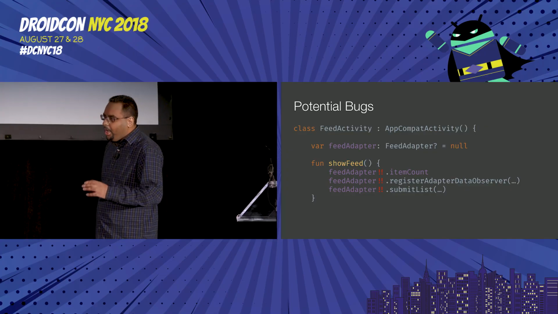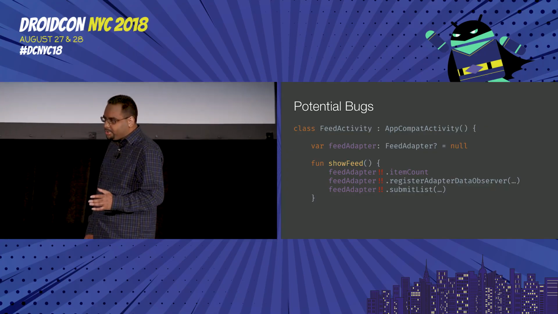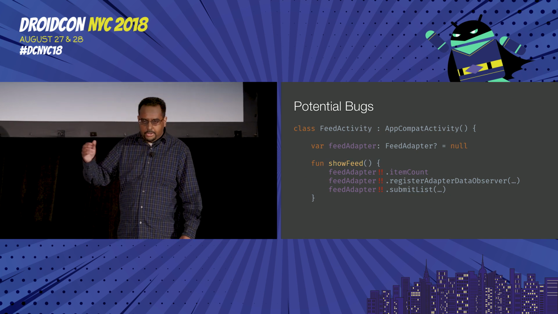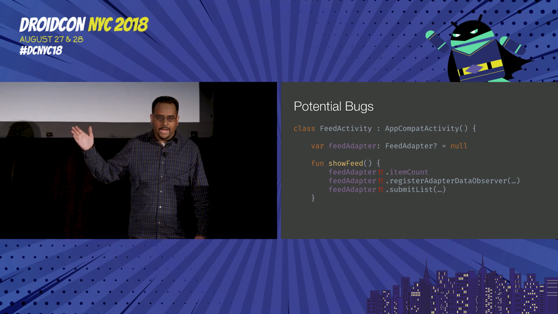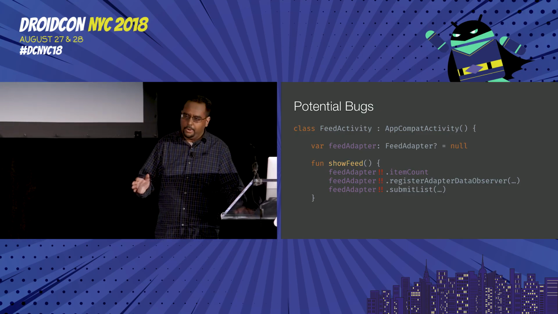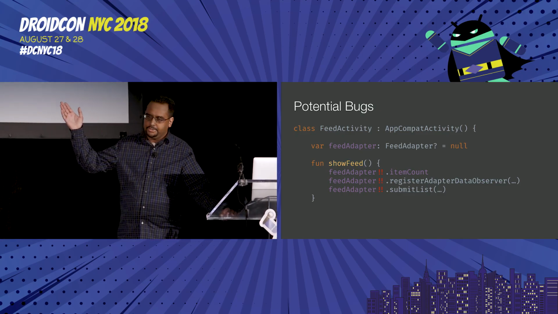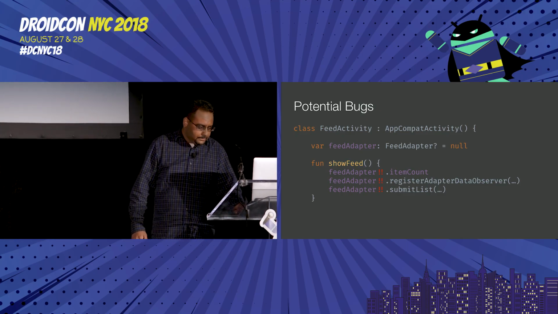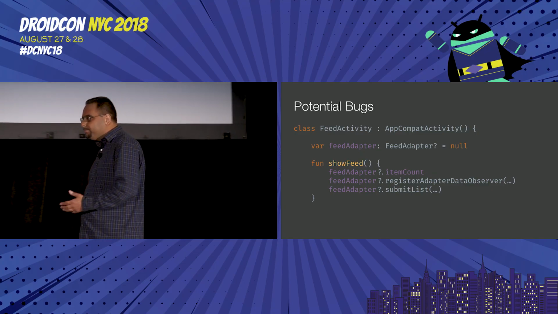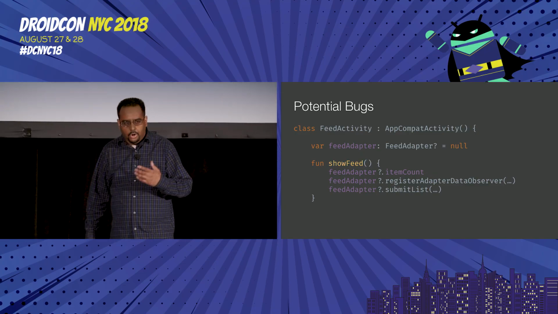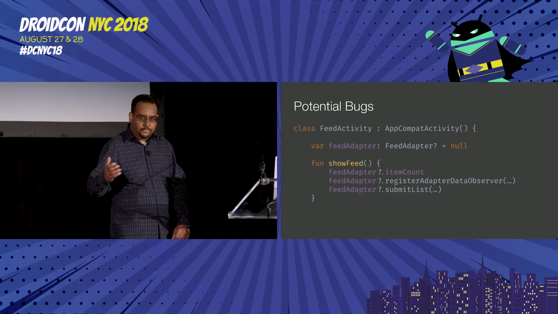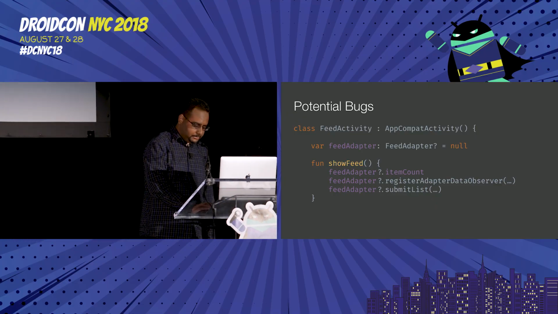When you use the auto-conversion tool, the infamous Control-Shift-K, and convert to a Kotlin file, it's going to use double bangs. But that's bad, as all of you know, because it can cause a null pointer exception when it executes that line. So the right way to do it is to use the question mark syntax, so that a null pointer exception is not caused. This is something to watch out for as you convert your code to Kotlin.